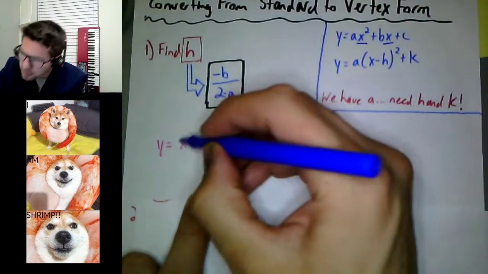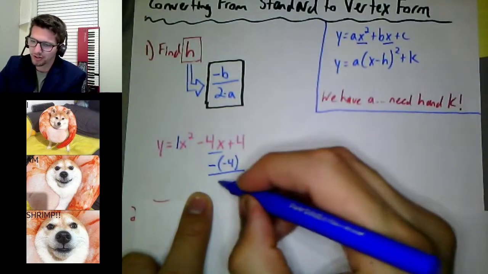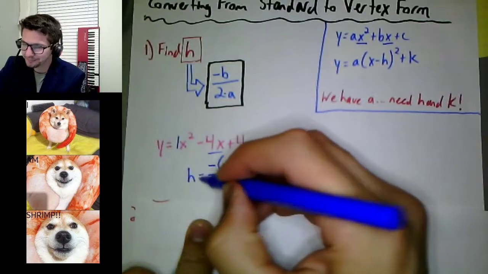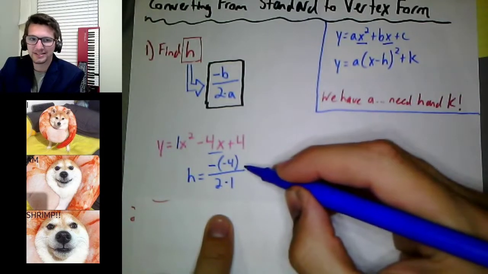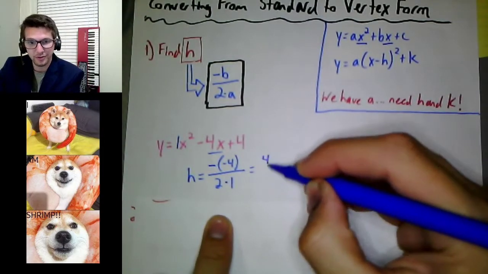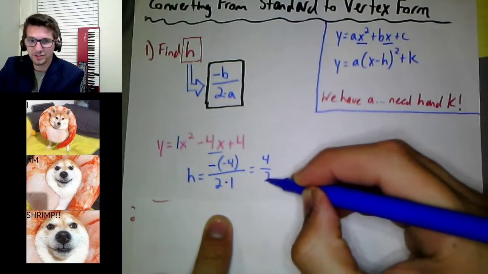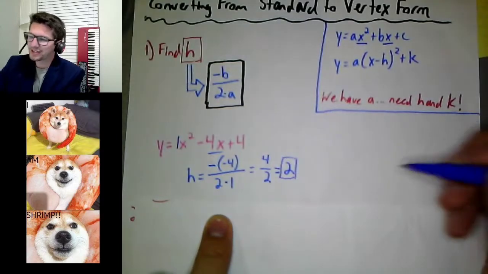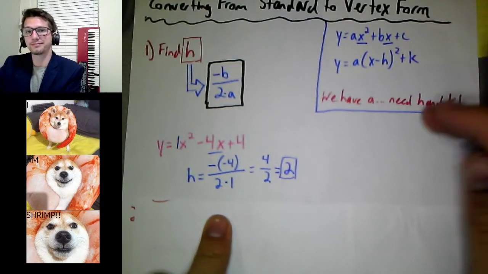I don't see one, so that's a 1. So over 2 times 1, this should give me h. What's the opposite of negative 4? Positive 4. What's 2 times 1? 2. What's 4 divided by 2? 2. So my h is 2.